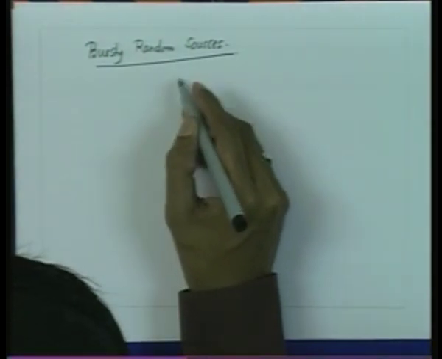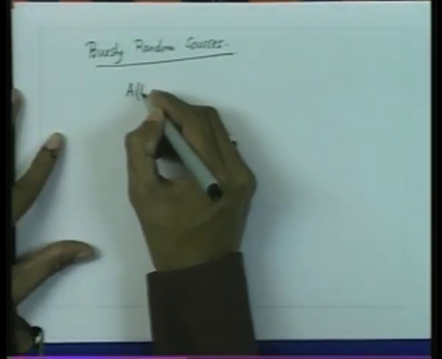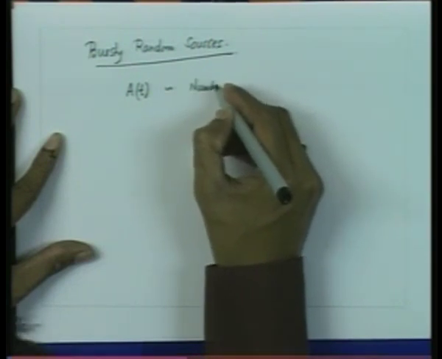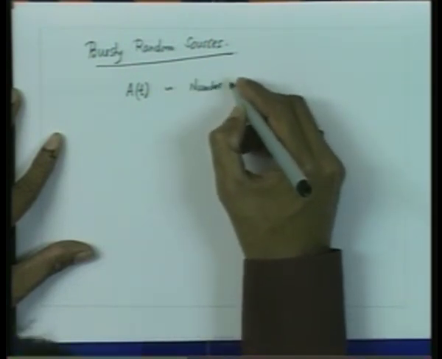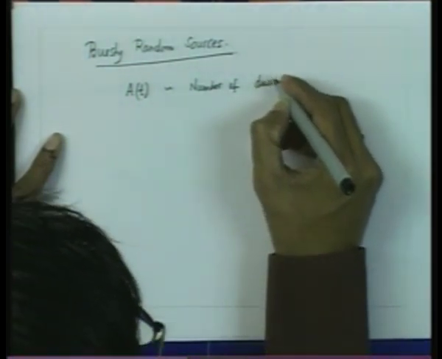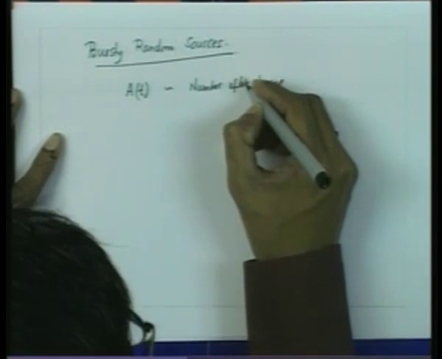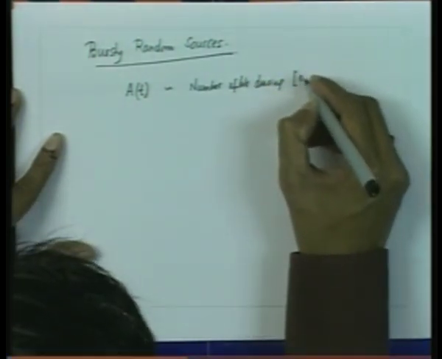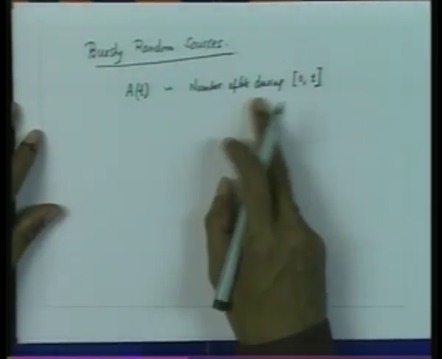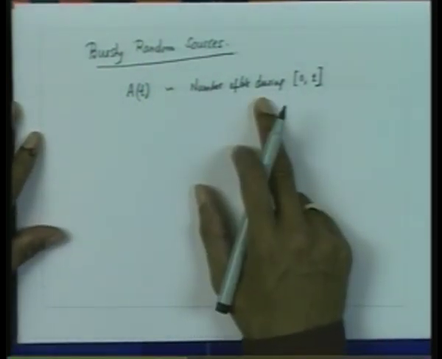Now our bursty random source is a source represented by A(t), where A(t) denotes the number of bits generated during the 0 to t interval. This could be the number of cells also, if we discuss this in the context of ATM.